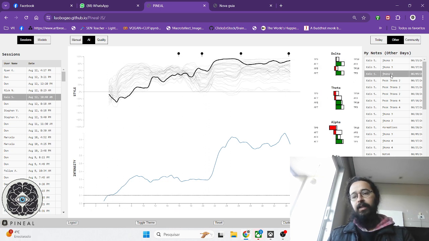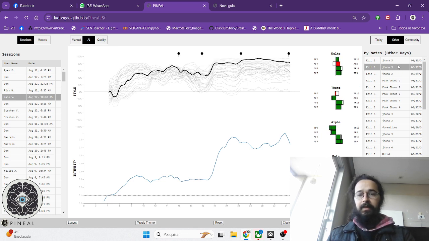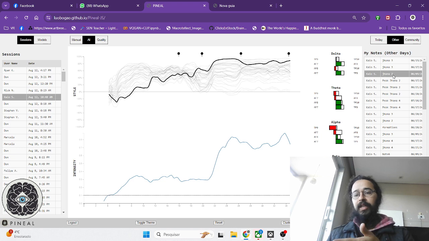So what does this mean? This means that this actual session is really similar in style to this other session of Jhana 2, this note that I made in the previous session.